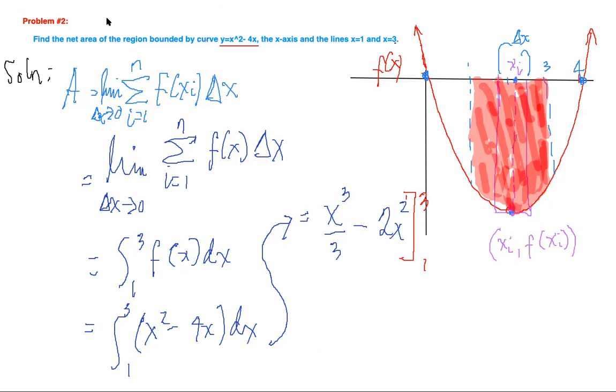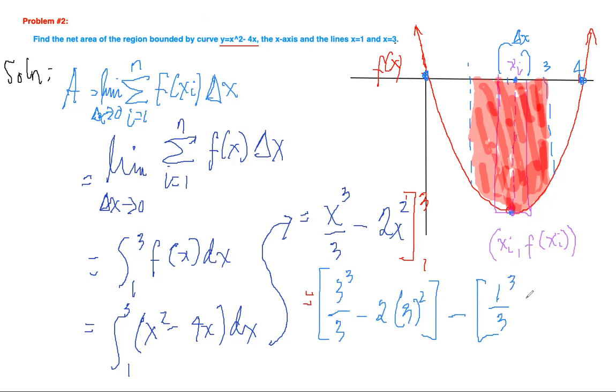Using the fundamental theorem of calculus, part 2, we substitute the upper limit: 3 cubed over 3 minus 2 times 3 squared, minus, substituting the lower limit, 1 cubed over 3 minus 2 times 1 squared.